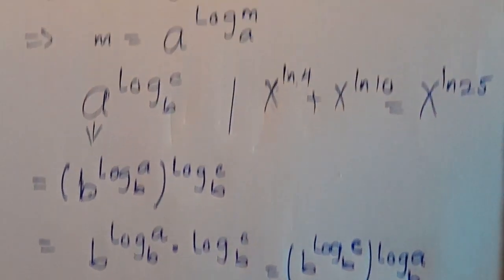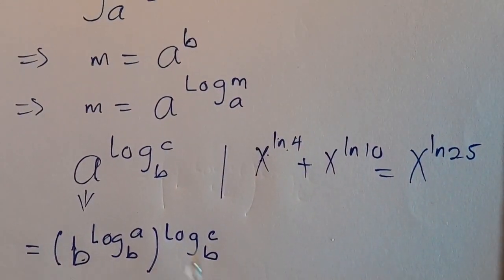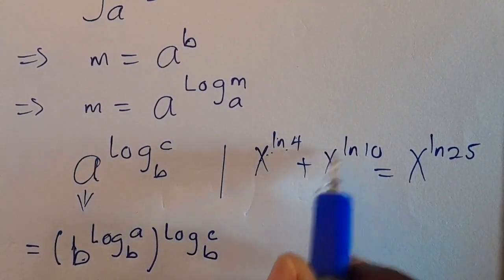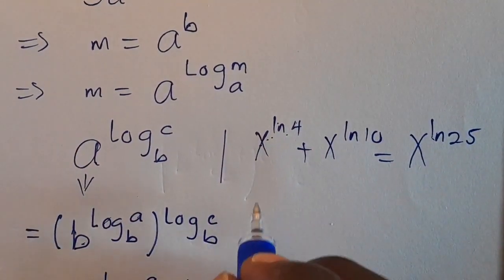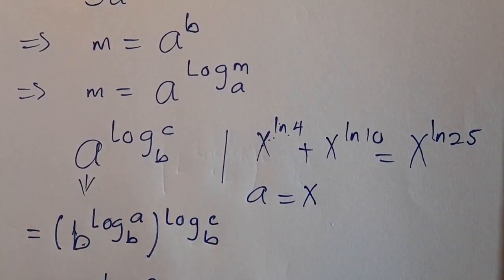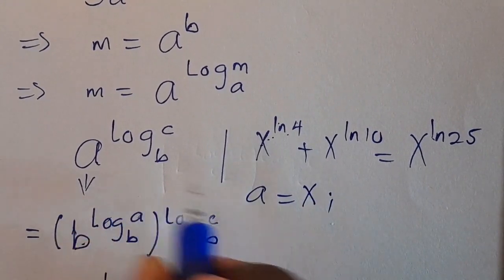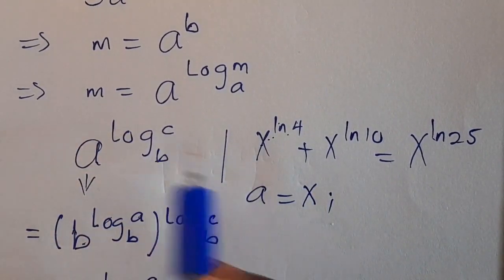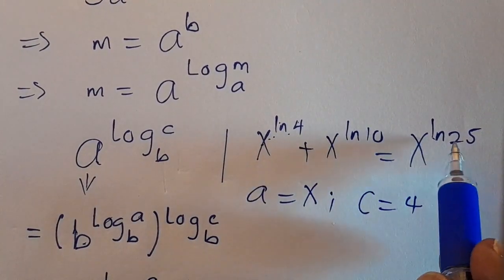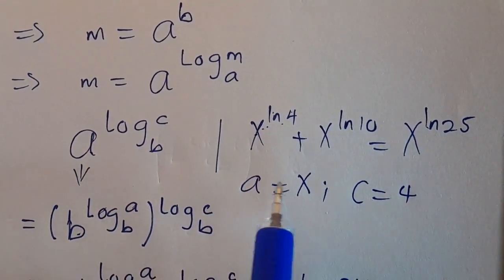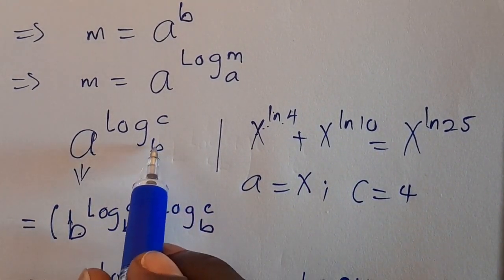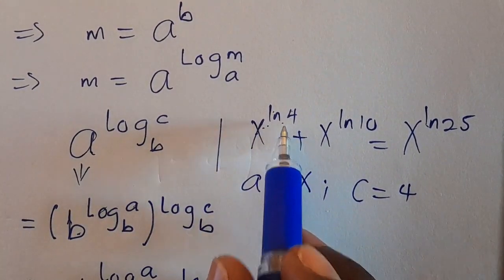Looking at this, this expression is the same as the whole of this. Which implies that from here we have our a to be equal to x, then we have our c to be equal to 4, which can also be 10 and 25. And from here we have our b, which can be the base of this.